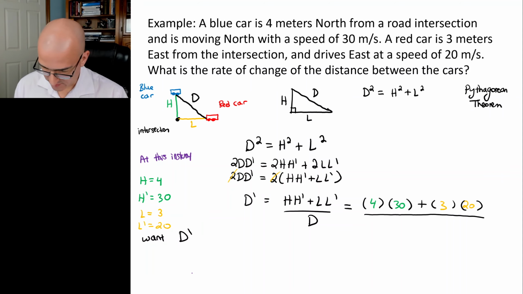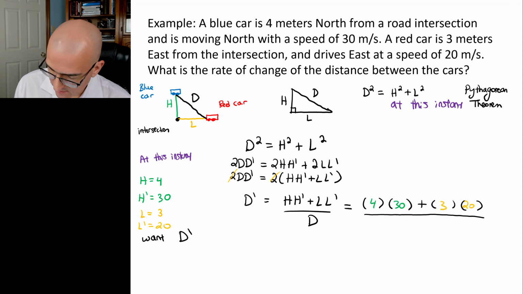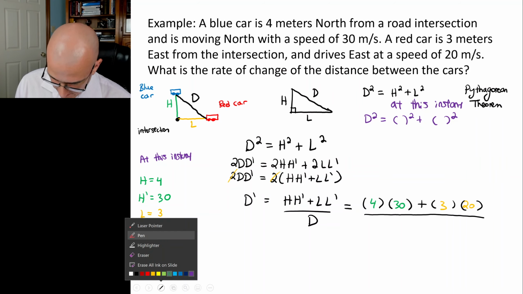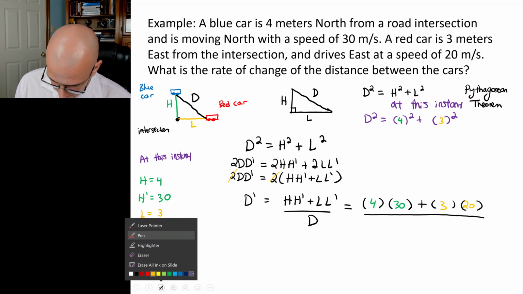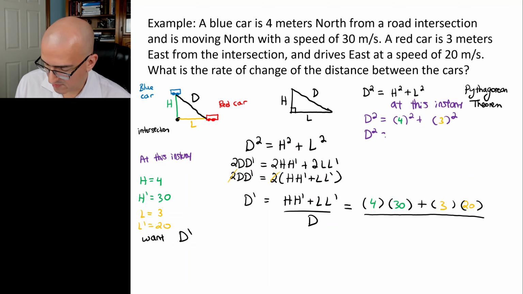So I haven't used purple yet. No, not really. So let's find what d is at this instant. At this instant, d squared is equal to h squared plus L squared. So I'll plug that data in. 4 squared plus 3 squared. You'll see this combination of numbers come up a lot because it's nice. 16 plus 9.